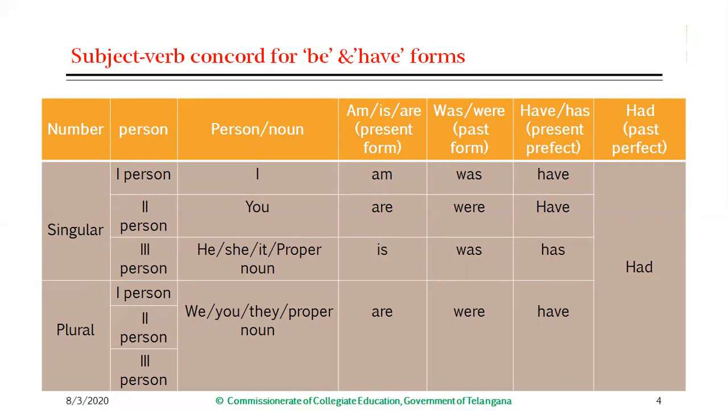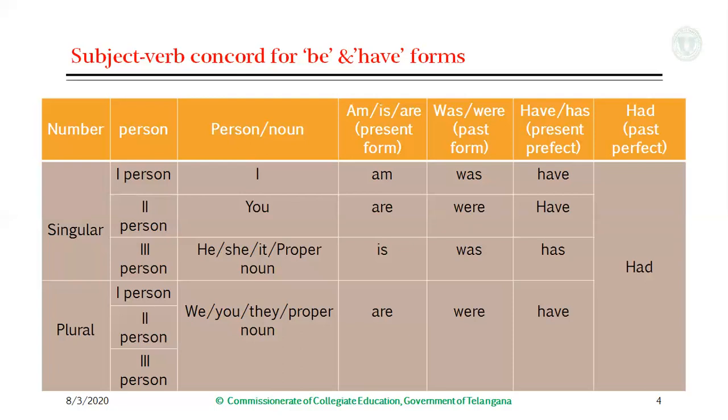This is about the singular persons. In the case of the first, second, and third person, and the noun or pronoun I, you, he, she, it, or any proper noun, we can use am, are, is in the present form, was, were in the past form, have or has in the present perfect, and had in the past perfect.